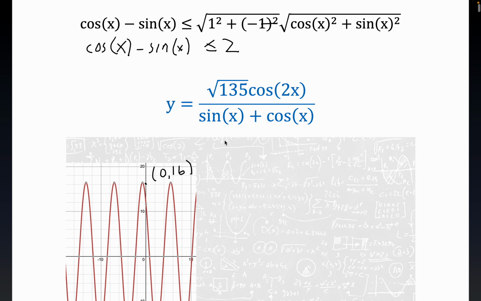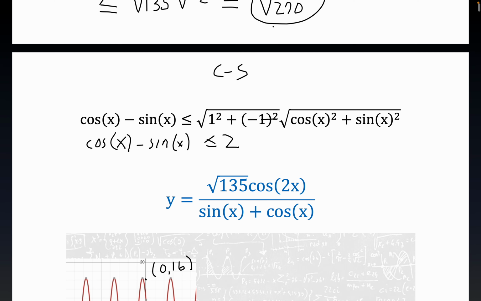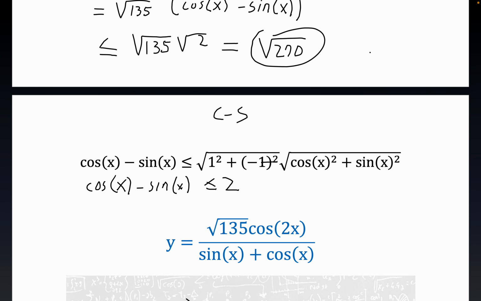But notice that, what do we get? Less than or equal to the square root of 270, but the square root of 270 is between 16 and 17, right? That's pretty clear, isn't it? Because 16 squared is 256, right?